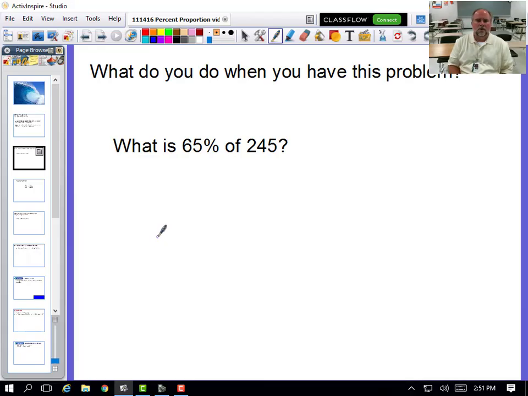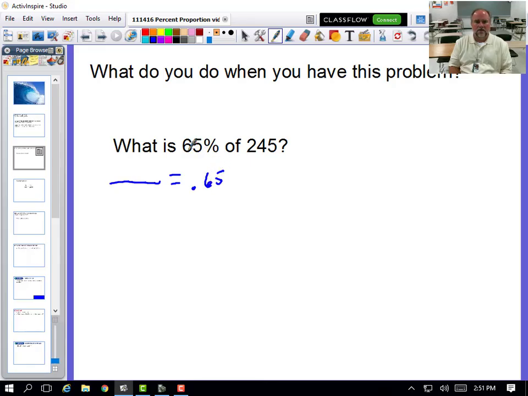Well, if you think back to what you did last year, there were a couple of ways that we could work this one. One way is a direct translation method. We could say, what is 65%? Now, I can't type 65% in on the calculator, but I can use another form of 65%, the decimal version. So what is 0.65?